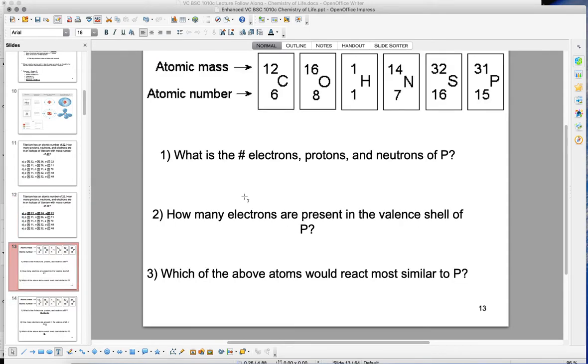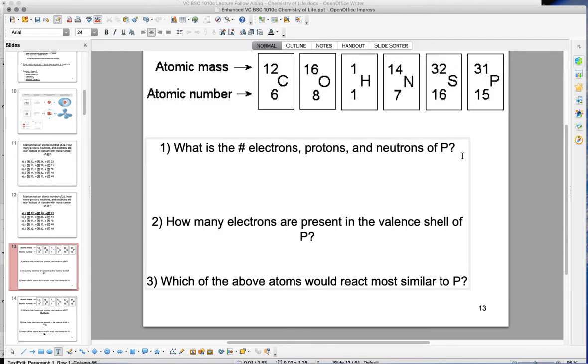So we've got one other application question here. What are the number of electrons, protons, and neutrons of phosphorus, P? Okay, so P is going to have, obviously, if the atomic number is 15, that means our protons equal 15. It means that our electrons are going to equal 15, and then our neutrons are going to have to be 16 because we're just taking 31 minus 15, right?